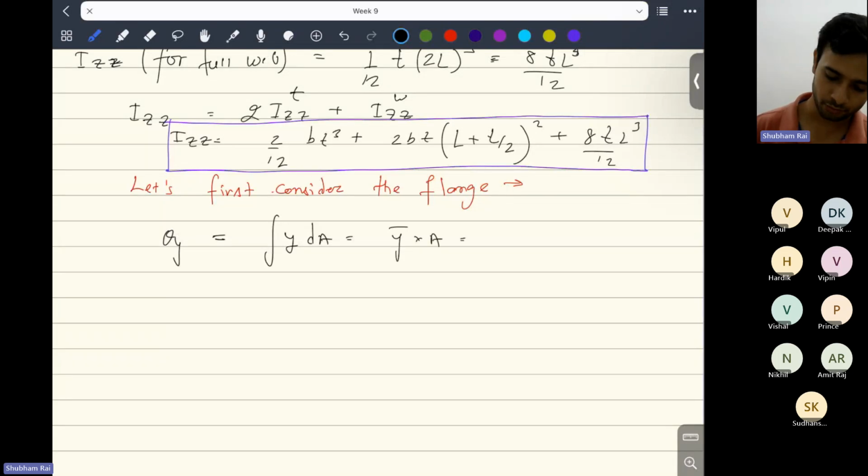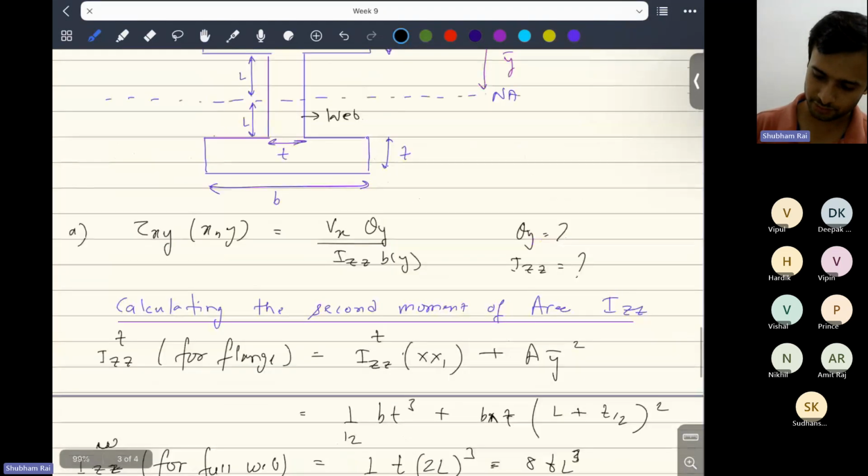Y bar we already know, and it is of the shaded region.